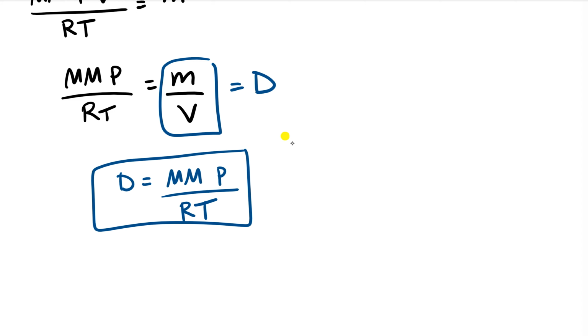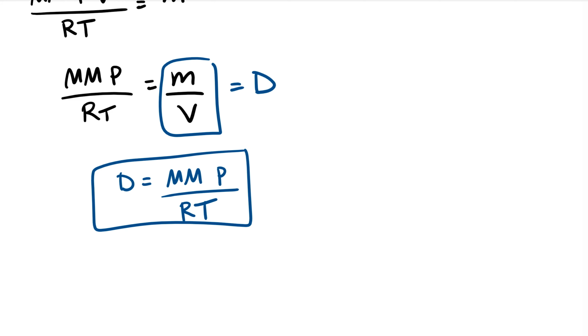Another thing that we're often asked is to calculate the molar mass of the unknown gas, and a lot of times they'll give us the density and the partial pressure and the temperature. So since I already have this density equation, let's just take it one more step. Let's rearrange it and solve for that molar mass piece.